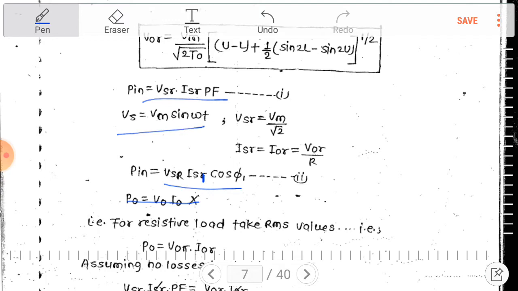Vs is Vm sin omega t, the source value, and the RMS value is Vm by root 2. Similarly, source current RMS is equal to load current RMS, equal to V output RMS divided by resistance.